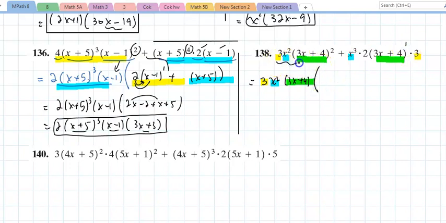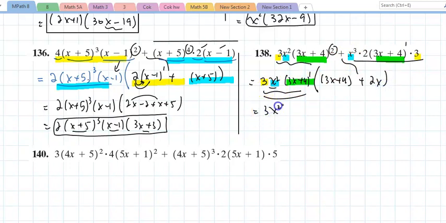Now, if I take this divided by this, the 3x squared will cancel out. I'll have one of those left, plus, if I take this divided by this, the 3's cancel out. There's a 2. x cubed divided by x squared is x.